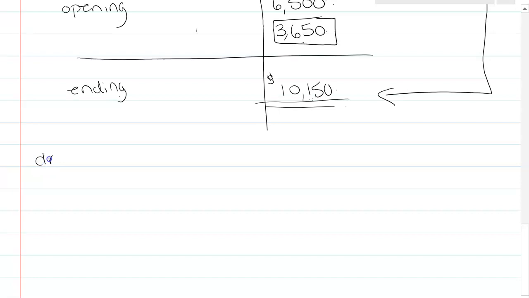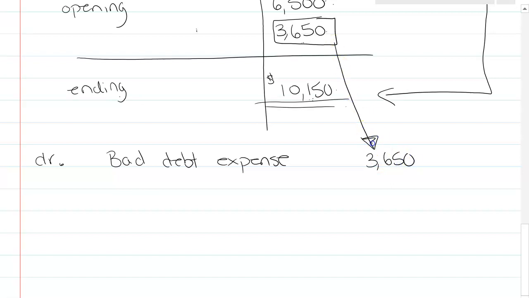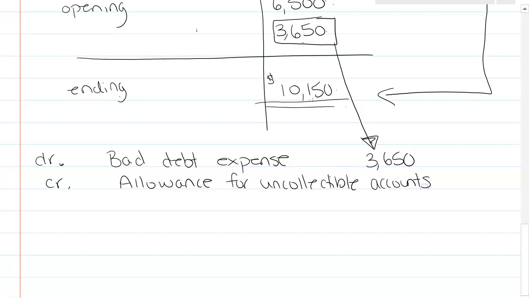So now my debit is my bad debt expense for the 3,650, so that's that amount. And then my credit is my allowance for uncollectible accounts of 3,650.